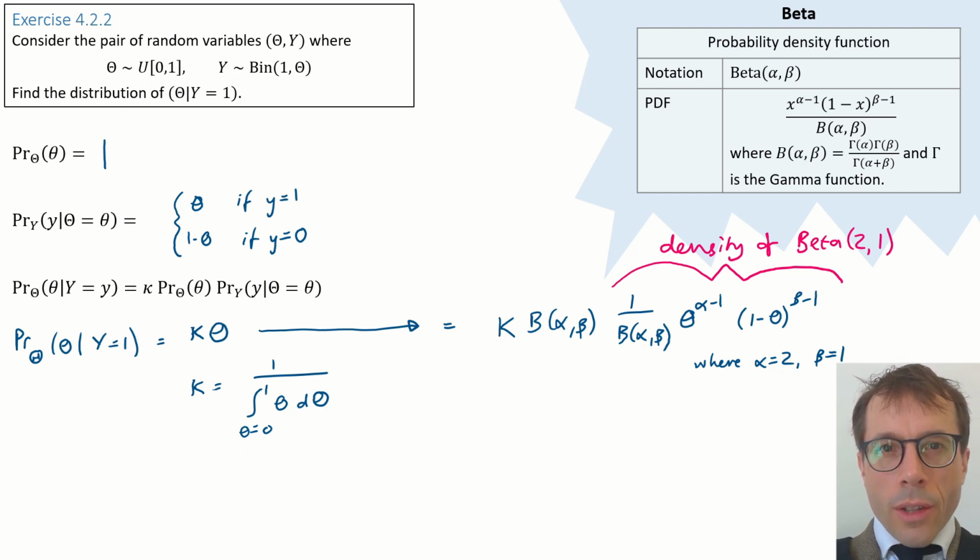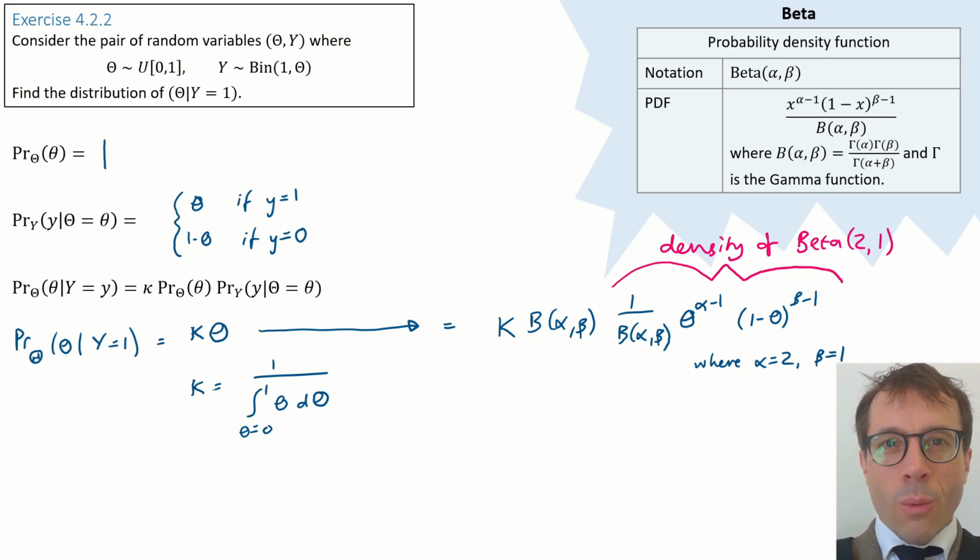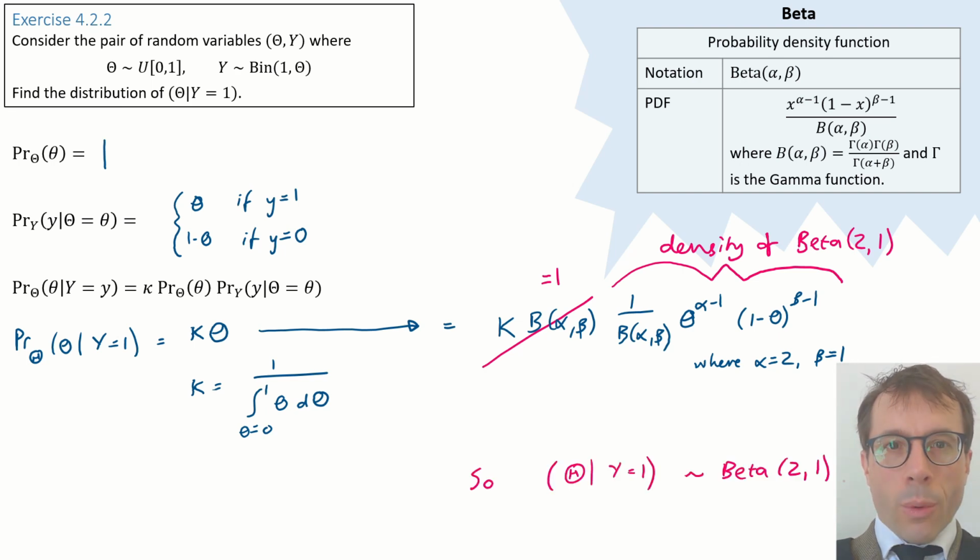We know that densities always integrate to 1. The right-hand factor integrates to 1 because it's a density already, so the constant on the left must just be 1. Because if it wasn't, then my conditional likelihood for theta would not integrate to 1. So, this is how we finish.